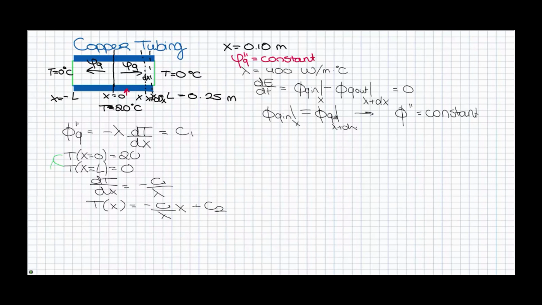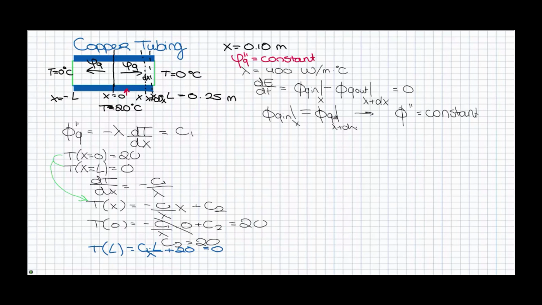And now you use the boundary conditions. You fill in these two boundary conditions in this equation to solve the constants. So the second constant has to be 20. If you now fill in the equation for x is L with the value for the second constant, we get minus C1 times L divided by lambda plus 20, because that's the new constant, is 0.